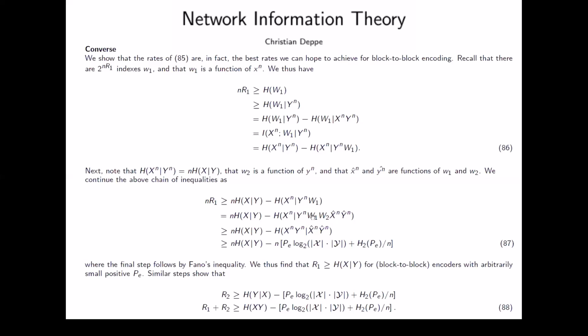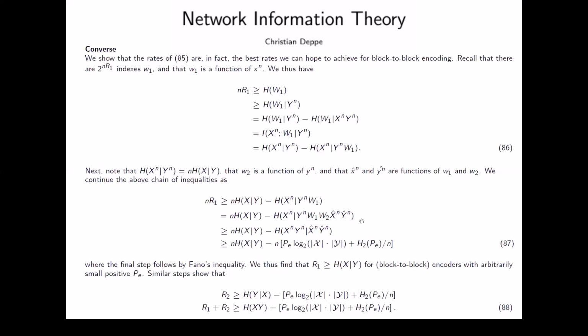So we can add this condition, and the entropy here is the same as this. And now X hat of n is a function of W1, and Y hat of n is a function of W2. For this reason, even by adding this condition here, this entropy is still the same. So we can write this in this way here.